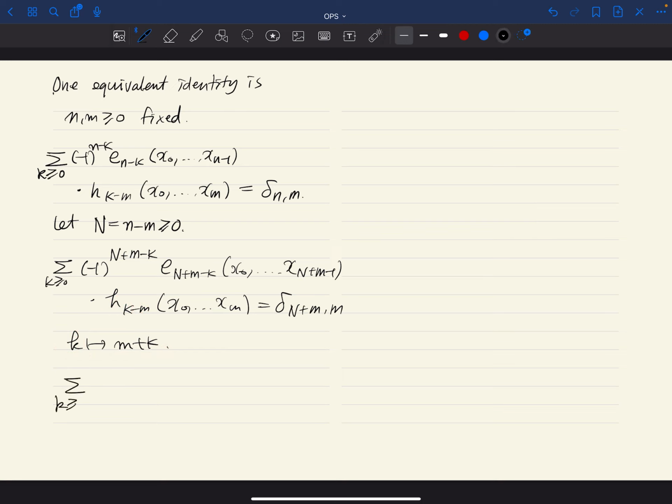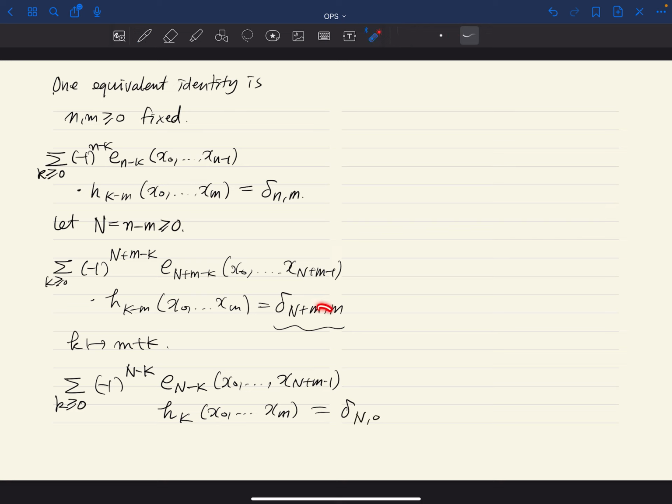Then k greater than or equal to 0, minus 1 to n and n minus k, e to the n minus k, x0 xm plus m minus 1 h_k. You know, this is really the same as delta_{N,0} because they are equal means N equals 0, right?